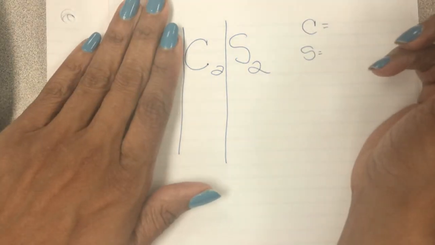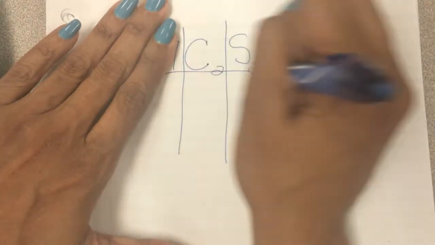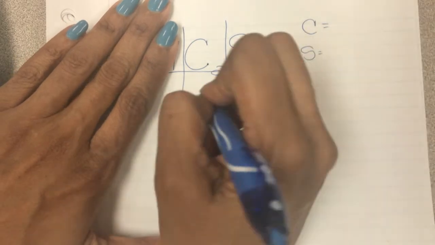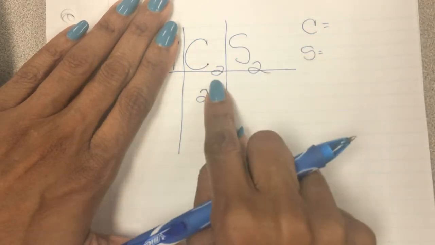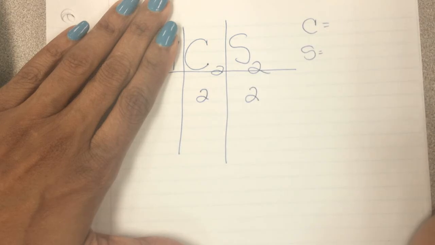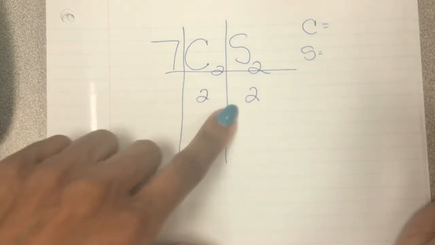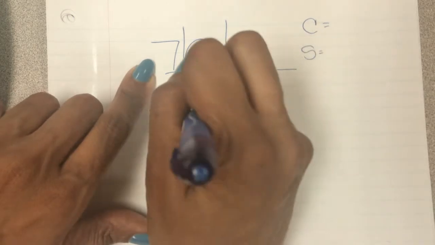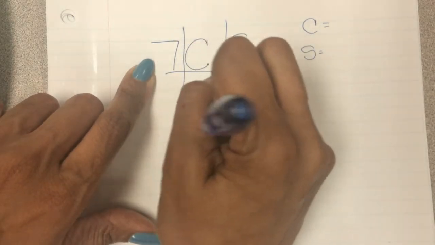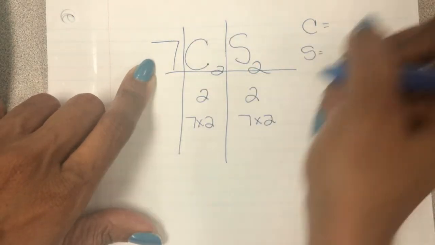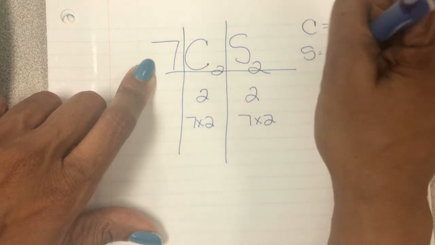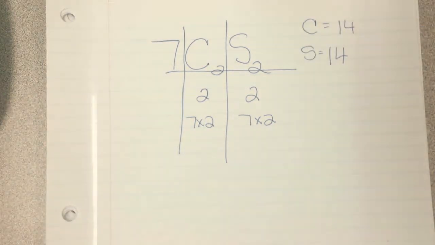Ignoring the coefficient for just a moment, I have 2 atoms of carbon, 2 atoms of sulfur. Now I'm going to multiply each subscript by the coefficient. So it's 7 times 2 and 7 times 2. So you're going to have 14 carbon, 14 sulfur.